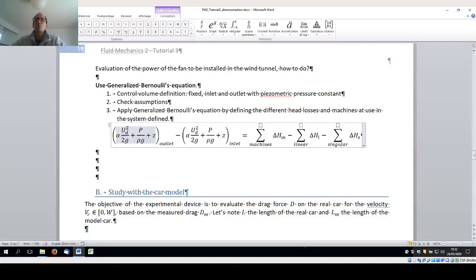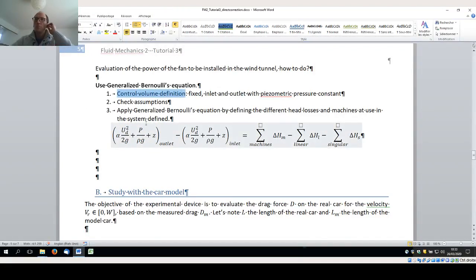So what we need to evaluate to define our control volume is to have some dedicated sections where we have information about outlet and inlet. This should provide you information about what sections you can choose as inlets and outlets.